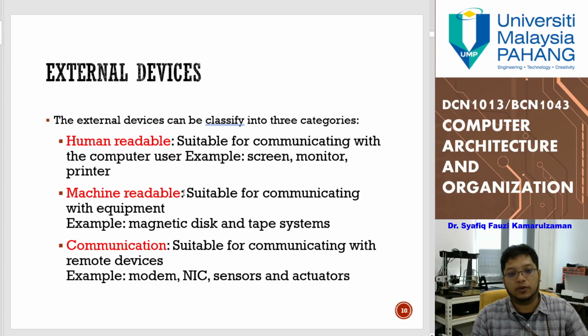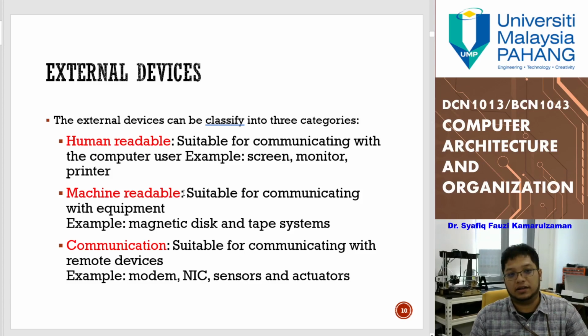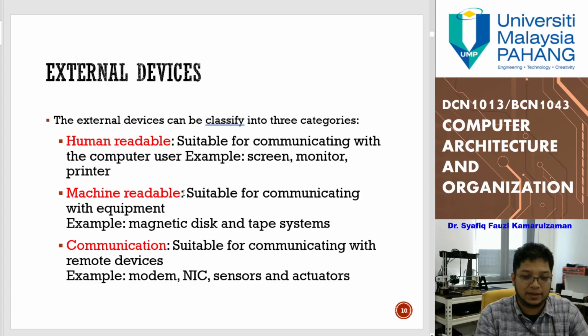Next, we have machine readable devices, which are suitable for communicating with equipment. For example, we have CDs, your pen drives, and previously a lot of magnetic discs and tape systems. All of them are machine readable, meaning that these external devices can only be used with a PC.